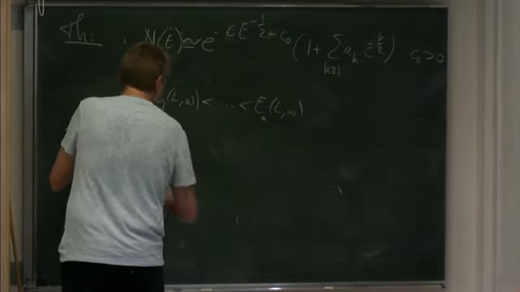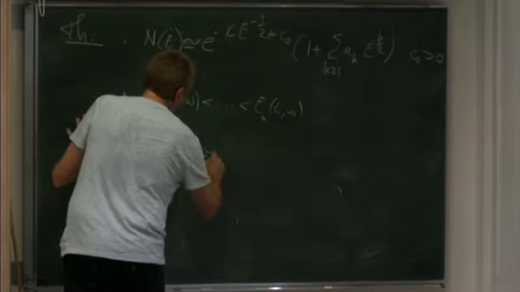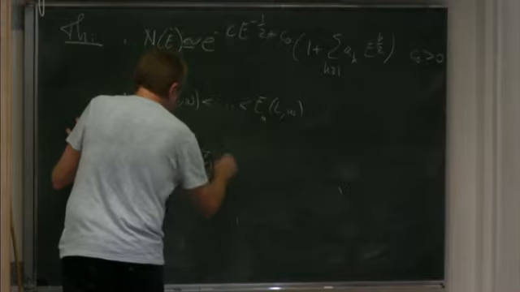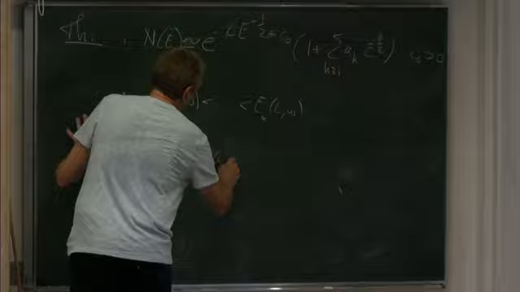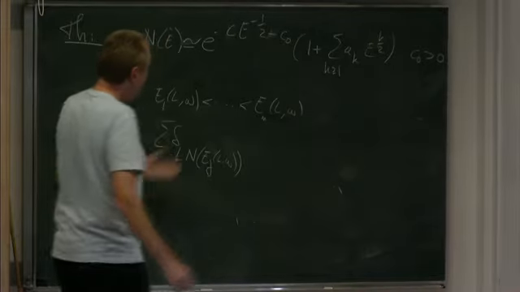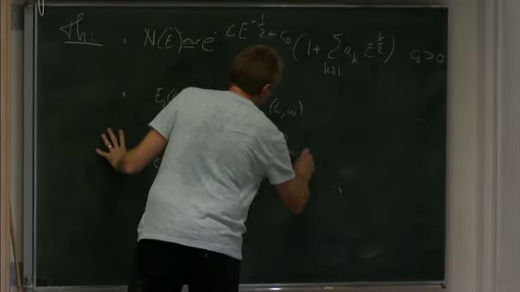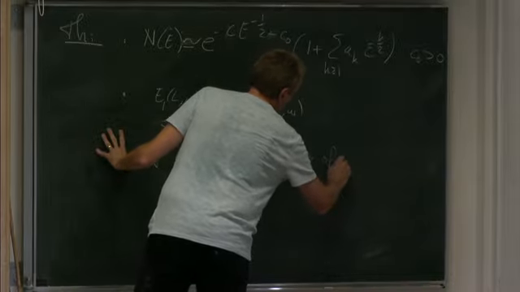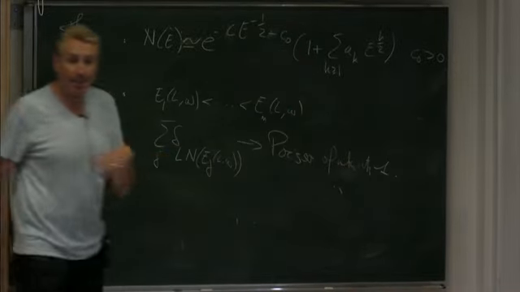I take the sum over all j of the density of states applied to the jth eigenvalue, with the Dirac mass here, L omega. Then this process goes to a Poisson process of intensity 1 on the real line.